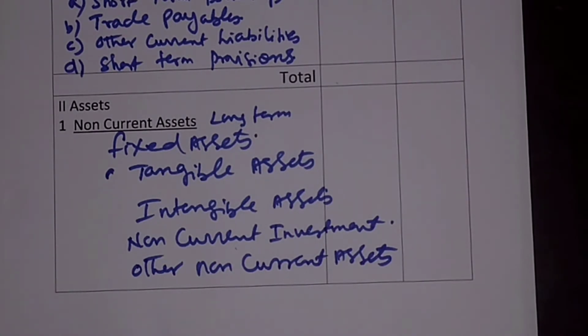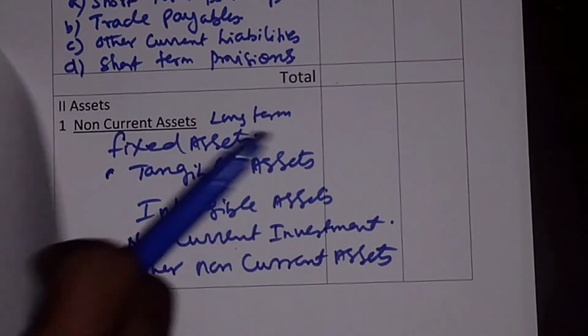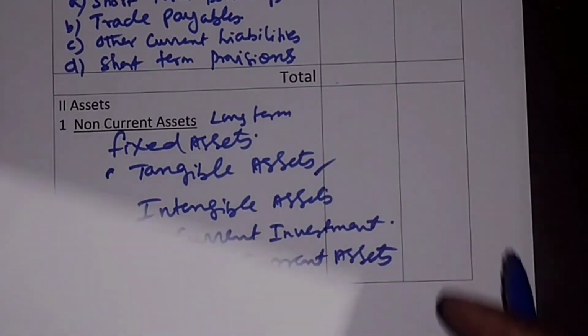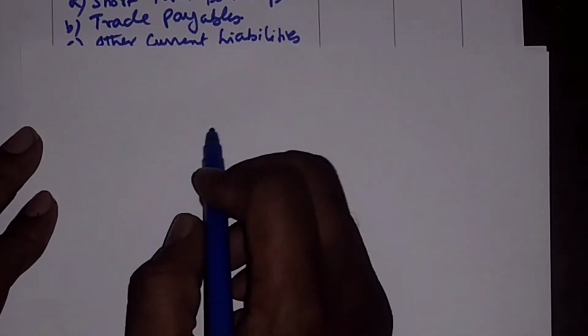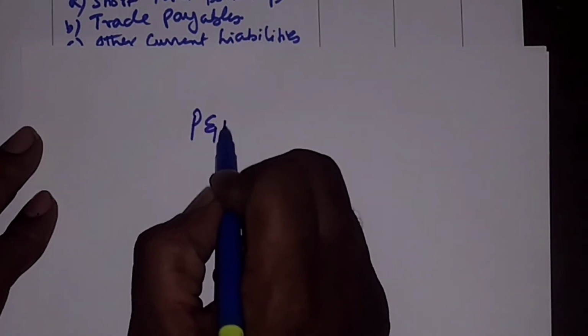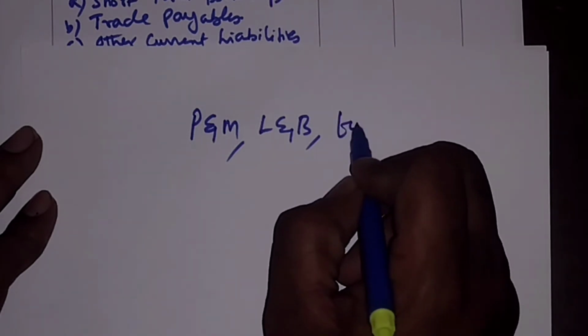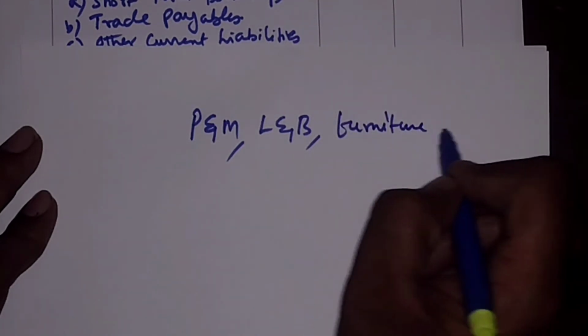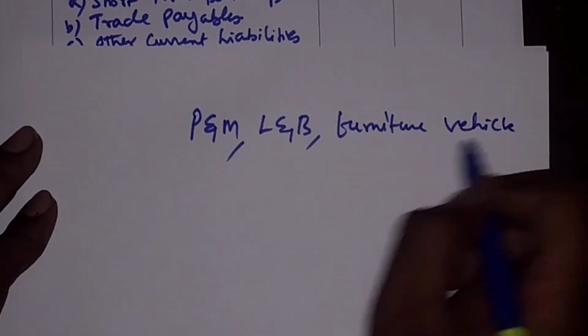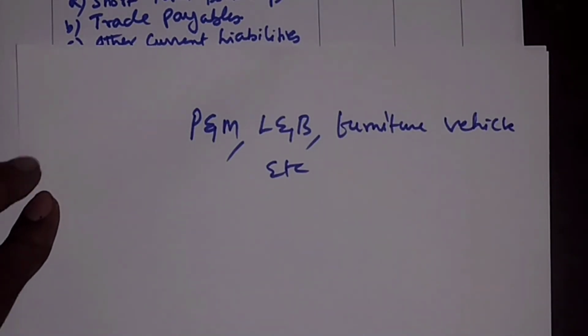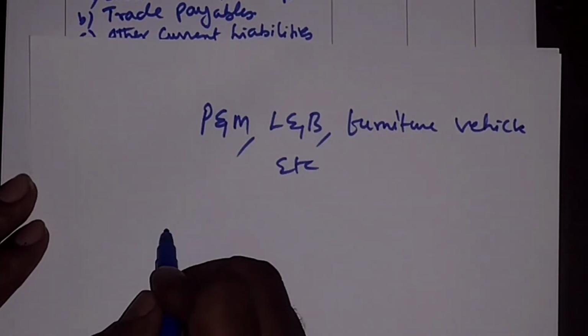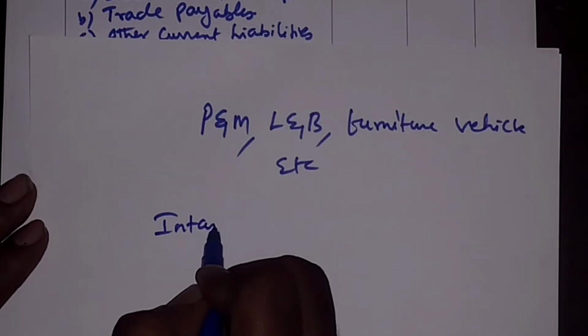Now let us discuss what tangible assets are. Tangible assets are those assets which can be seen and touched. Examples: plant and machinery, land and building, furniture, vehicle, etc. Next, coming to intangible assets.